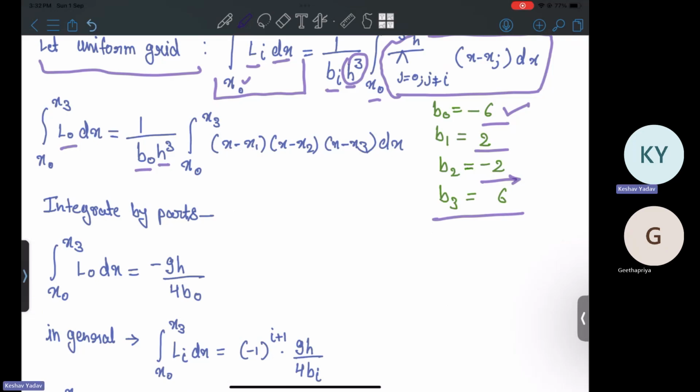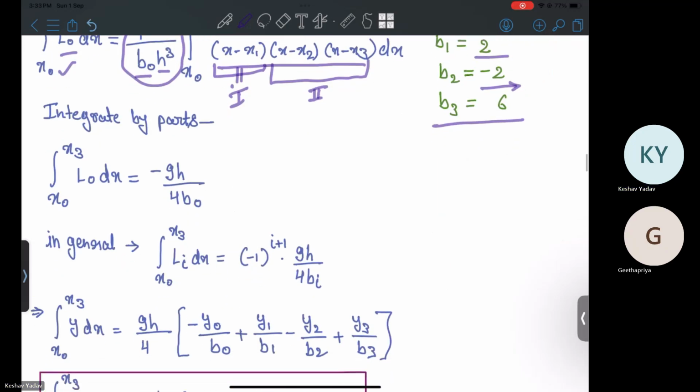But now I wish to find this L0 dx, limit goes from x0 to x3. So this will come as a constant outside. Now we want to find the integral of this. So you can assume this as the second function and this as the first function and do the integration by parts.